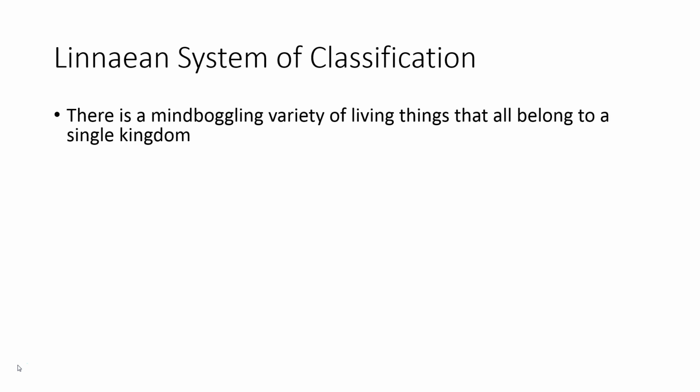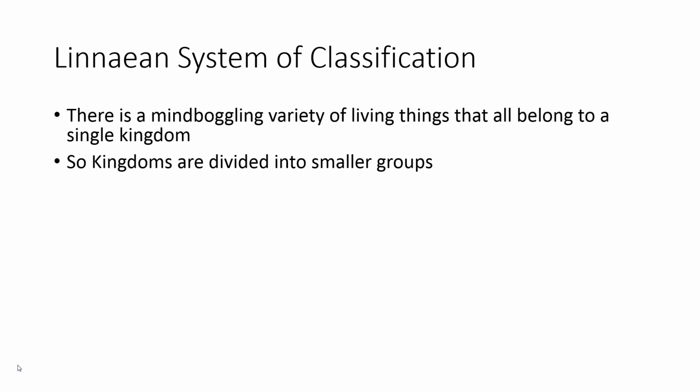Now, there is an incredible variety of living things that would all belong to a single kingdom. If you think about all of the possible animals, for example, we are going to need smaller categories if we're ever going to make any sense of all of those living things.